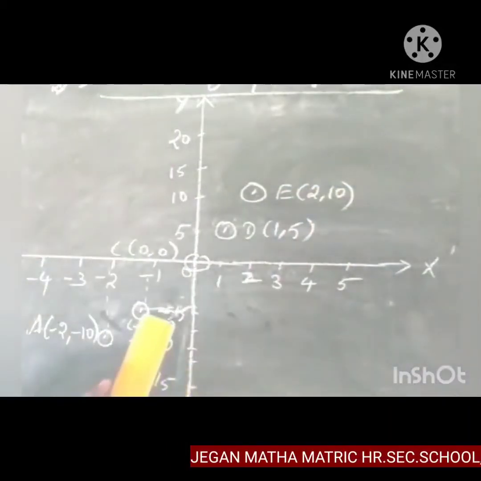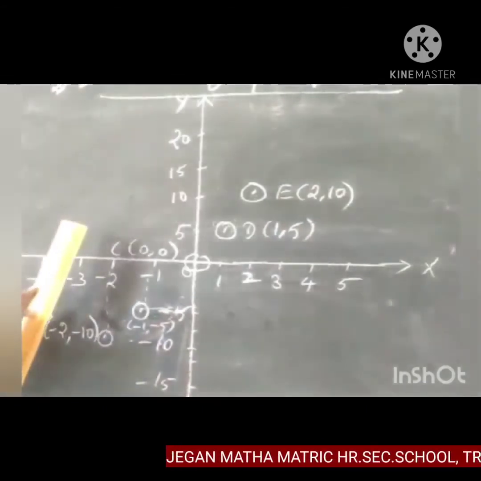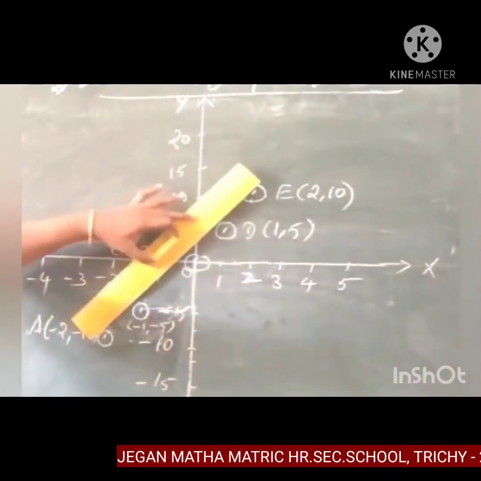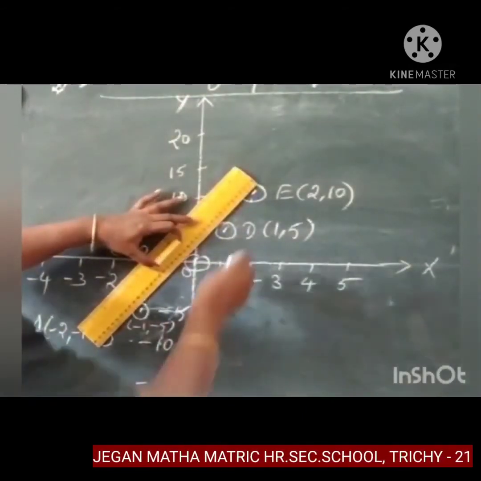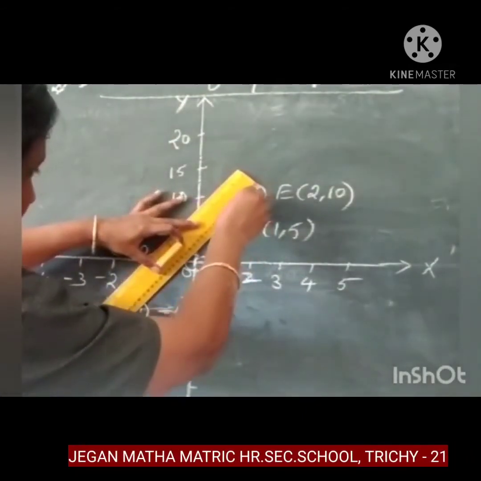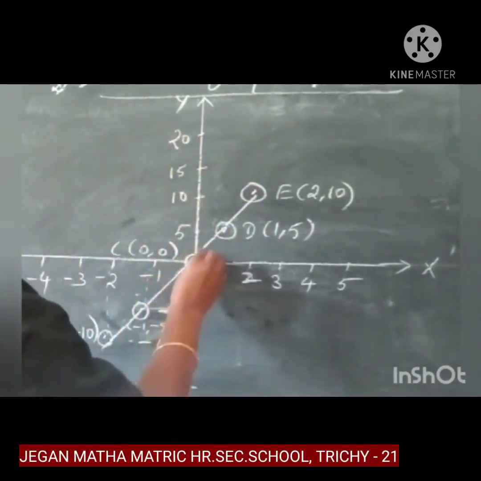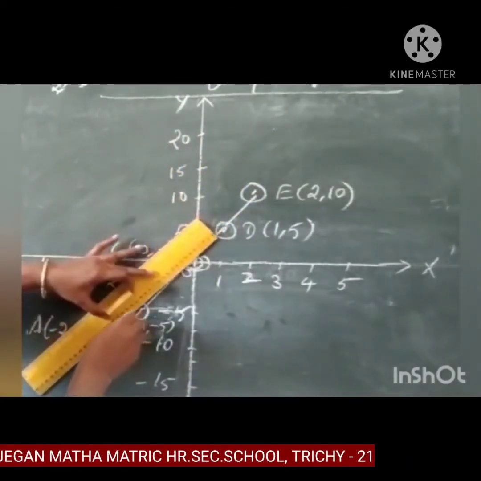After that, you mark the 5 points, that is over. Then by using your ruler, you join all the points. Just extend the line.